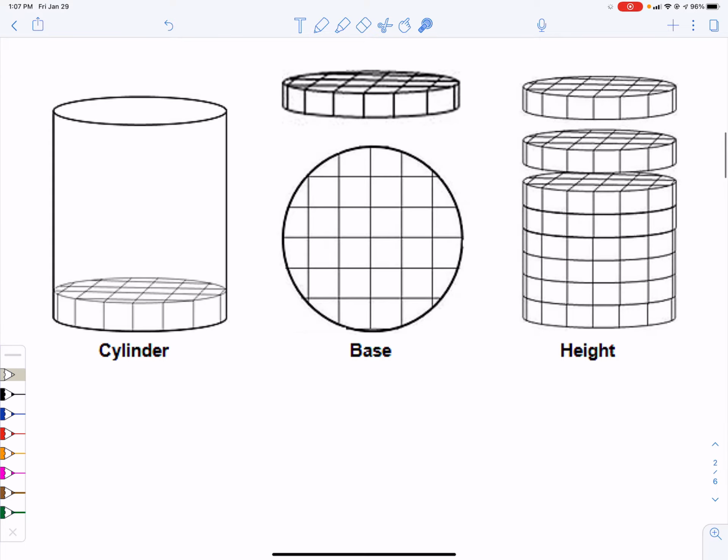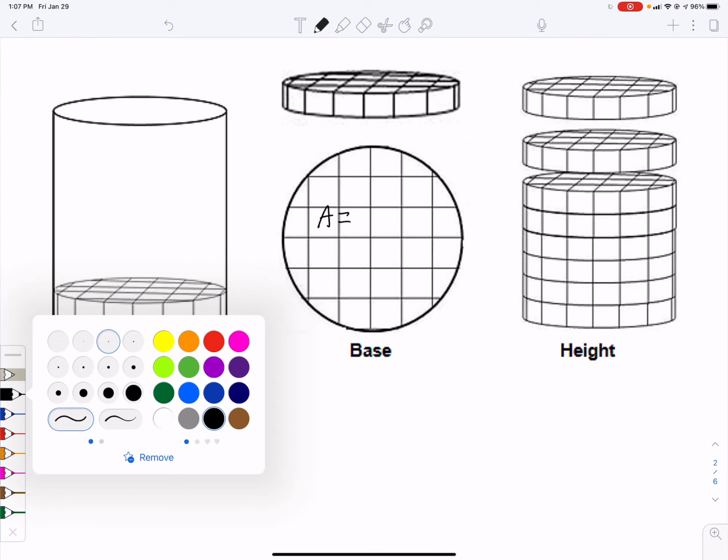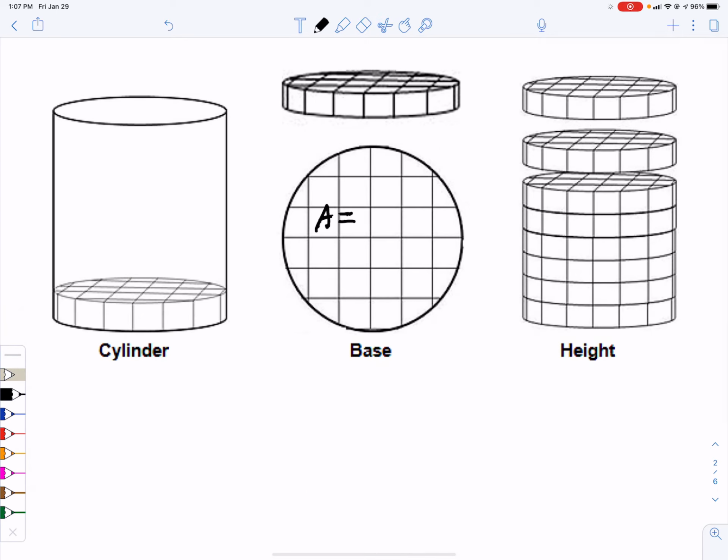But now we're going to look at a cylinder. If we have this whole cylinder, what would be the volume of that cylinder? You want to count how many cubes are on the base. The area of that would be pi r squared.